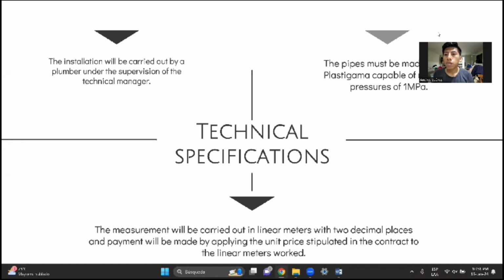The pipe must be made of PVC, Plastigama, capable of resisting a pressure of 1 megapascal. The measure will be carried out in linear meters with 2 decimal places, and the pipe will be paid by applying the unit price stipulated in the contract to the linear meter worked.